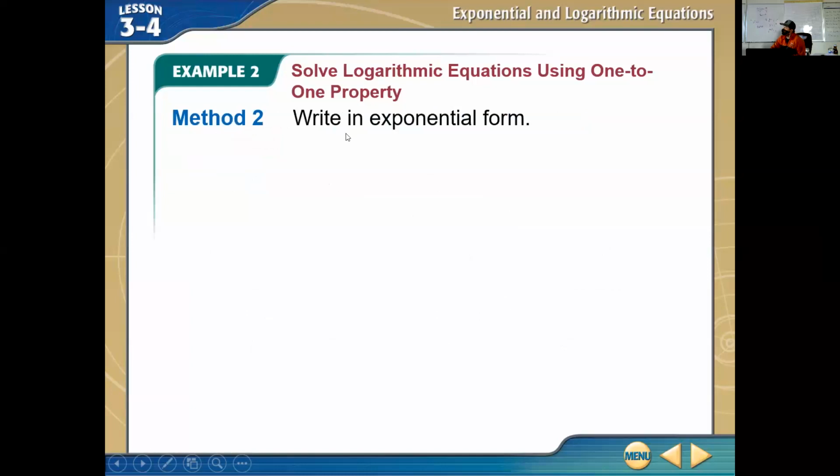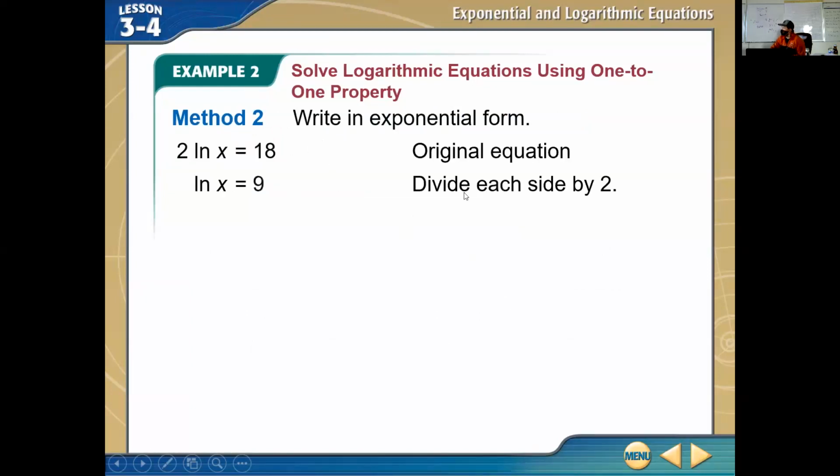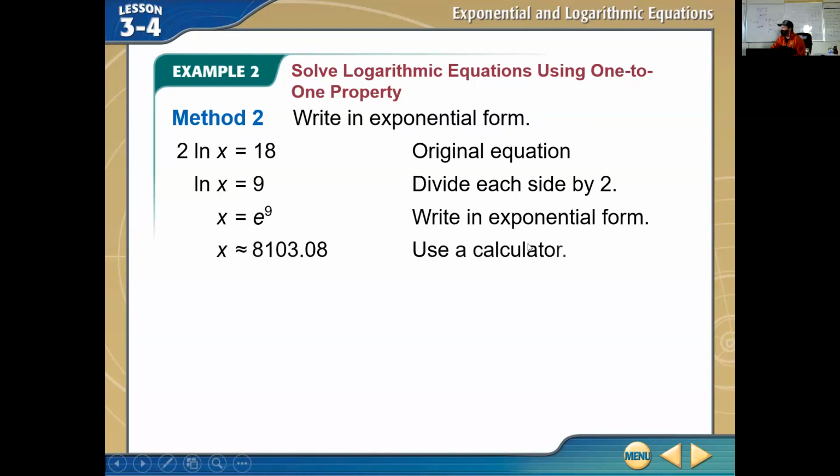And then the second one, which is easier in this problem, we still divide by 2 on each side. Then we switch it into exponential form. So x is equal to e to the 9th, because our base of natural log is always e. Plug it into a calculator, and we get the same answer. So you can see it's just what fits our situation best.